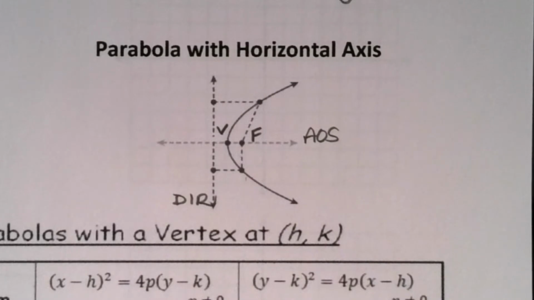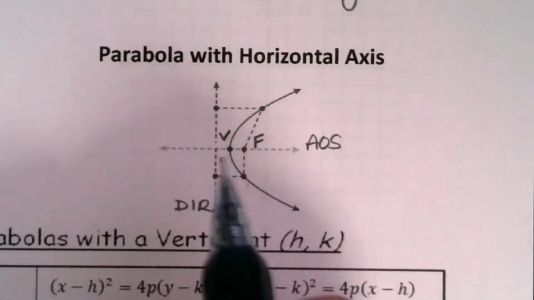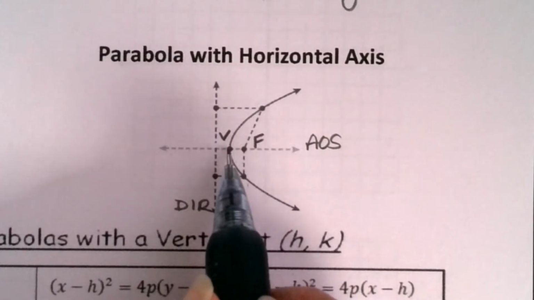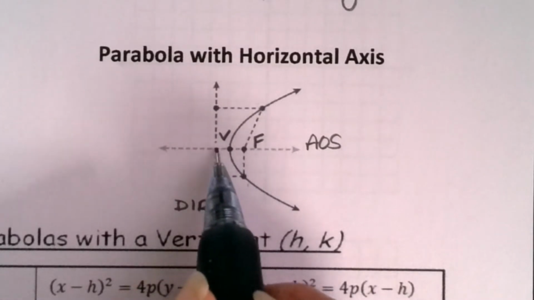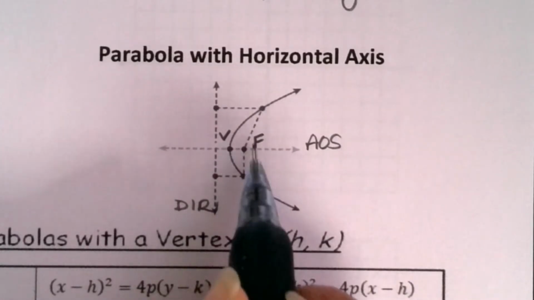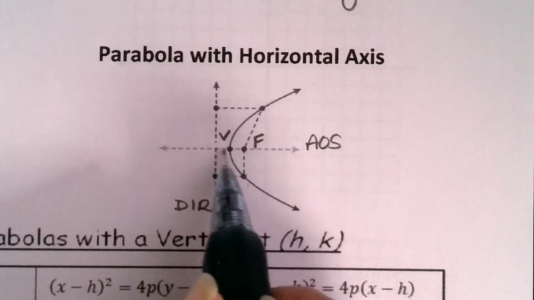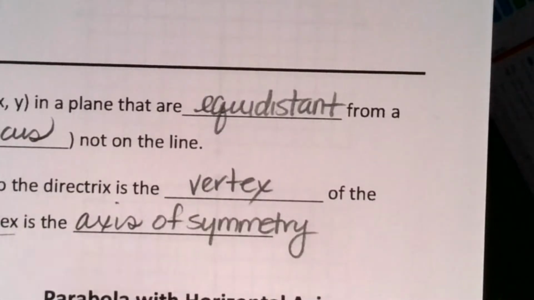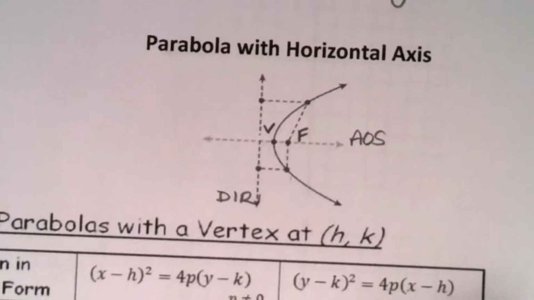So when I talk about my P distance, I'm talking about the distance from the vertex to the focus and the vertex to the directrix. You will notice in this image that these two distances are equal to one another. That's what we're talking about up here when I mentioned the equidistant. Okay, we're talking about that P distance.